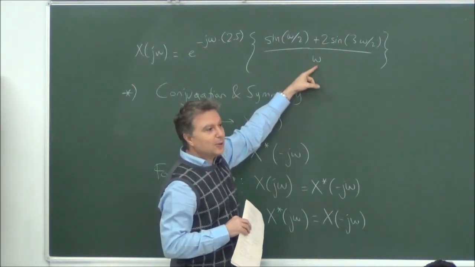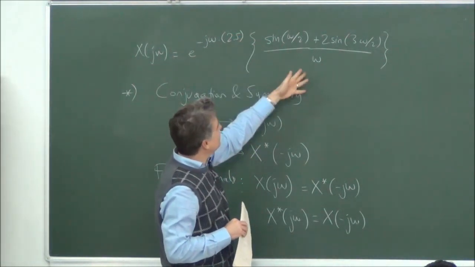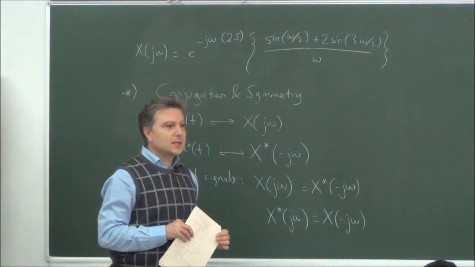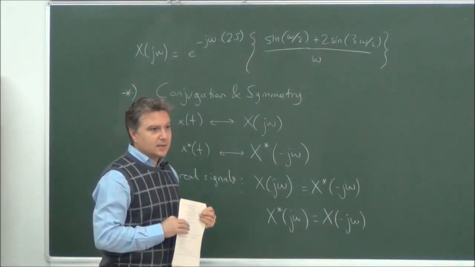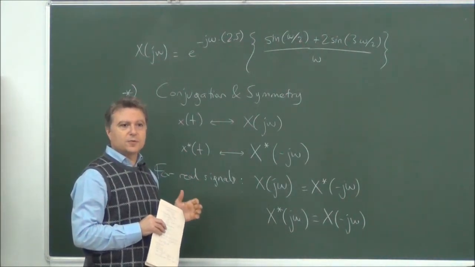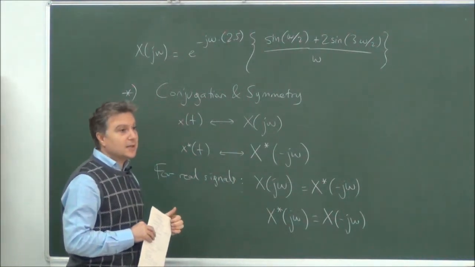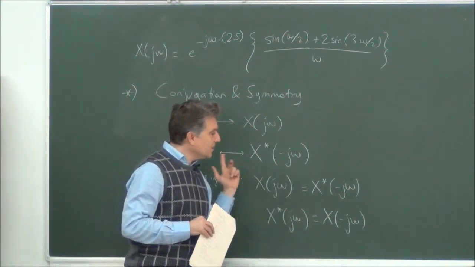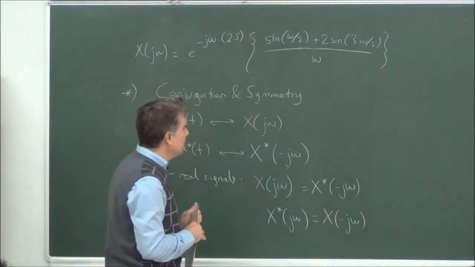But the denominator will also be negated because omega is replaced by minus omega. So those two negatives will cancel each other at the top and the bottom, and you will come up with the same expression. That's not a coincidence. That is a necessary property for the Fourier transforms of real signals. So always check this out. You have to check whether the conjugate is really corresponding to x of minus j omega as it is, without any further alterations.